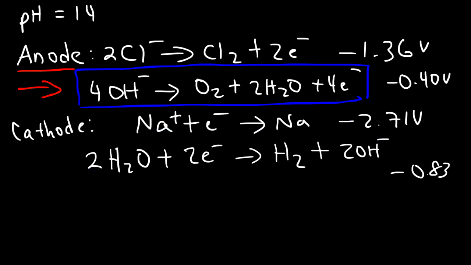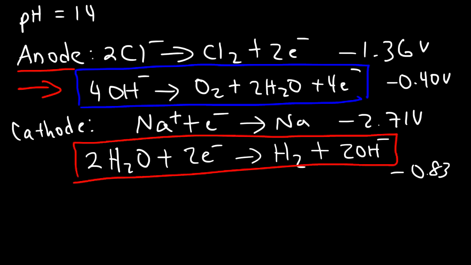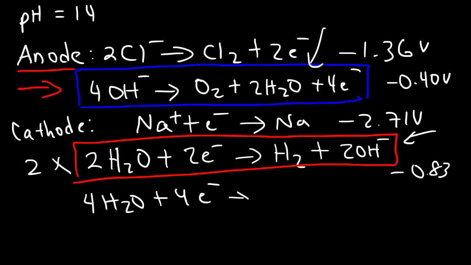So under basic conditions, we're going to have these two reactions. Now if we're going to add this reaction and this one, we need to make sure the number of electrons are the same. So we have to multiply this reaction by 2. It's going to be 4 H2O plus 4 electrons, generating 2 hydrogen molecules and 4 hydroxide ions.